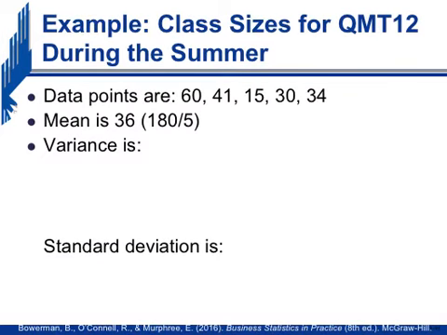Now, in this example, we have a data set of 5 class sizes. So let's say there are only 5 sections for QMT 12 during the summer. And the class sizes are shown here, 60, 41, 15, 30, and 34.